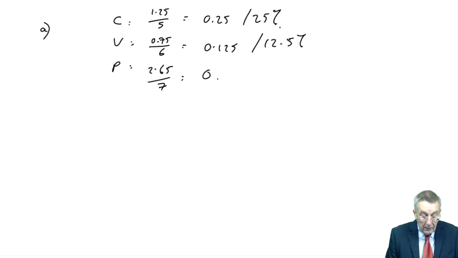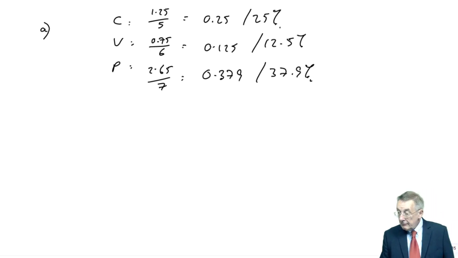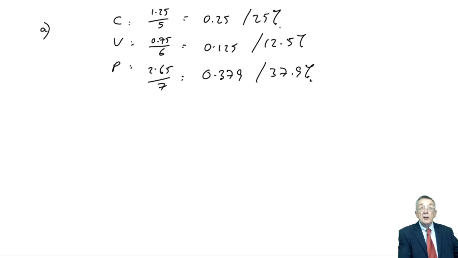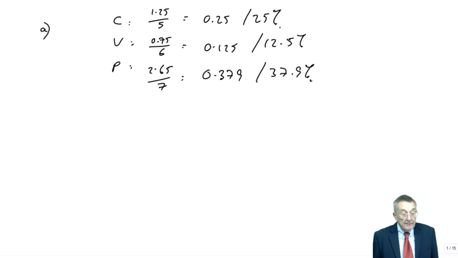That's not so nice. 0.379 or 37.9%. So that's straightforward enough. And of course, if there were just one product and I wanted to break even and things, we could do precisely what we did in the last lecture.